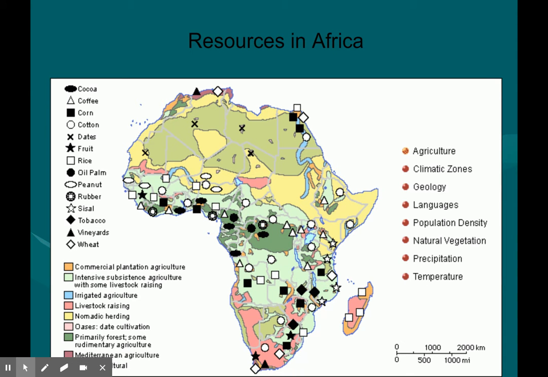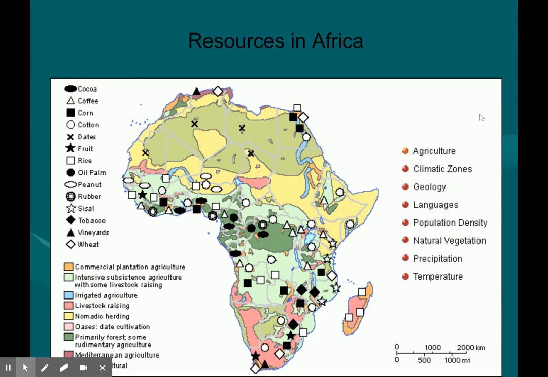When we look at this map, you can see a bunch of different resources. You see things like coffee, corn, cotton, dates, fruit, rubber, which is going to be a very big one later on, tobacco, and wheat. Those are things that you can grow and find that are native to Africa.